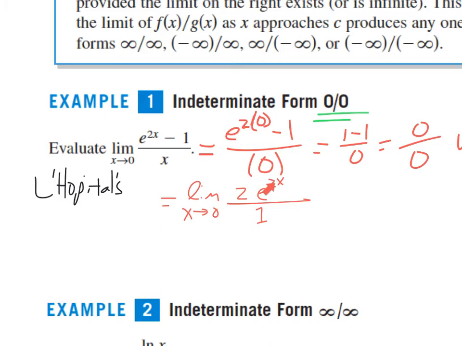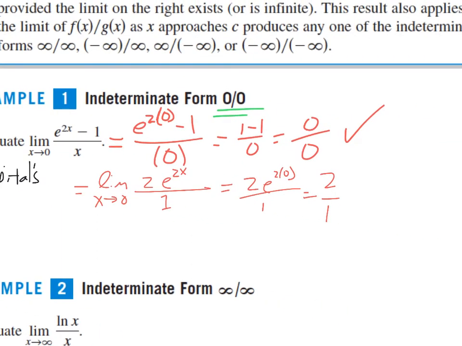Just plug the number in. Up here, 0, when we plug it in, is a problem. Down here, 0 is not a problem. So we plug it in, we get 2 times e to the 2 times 0, all over 1, which is 2 times 1, which is 2, over 1, which is 2. There we have it. So the limit is 2.